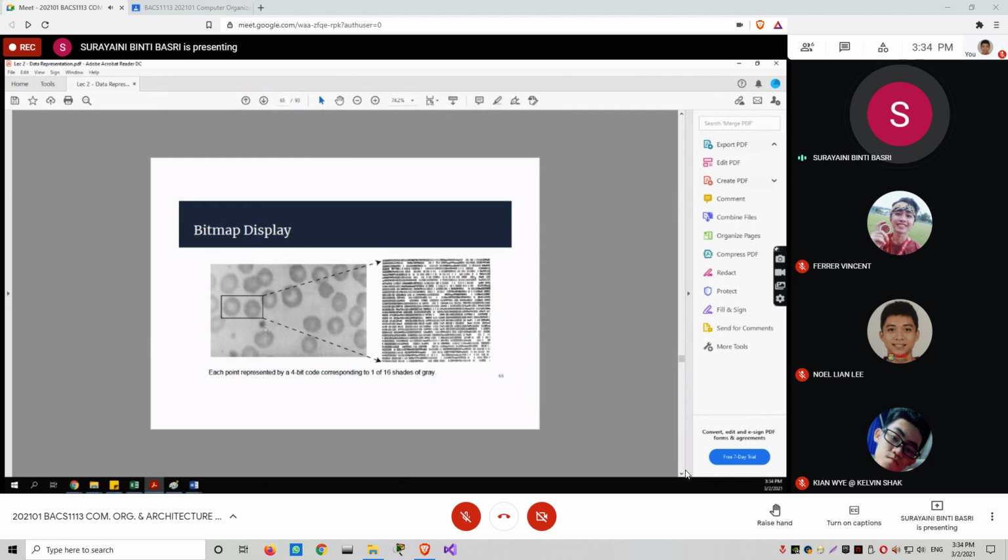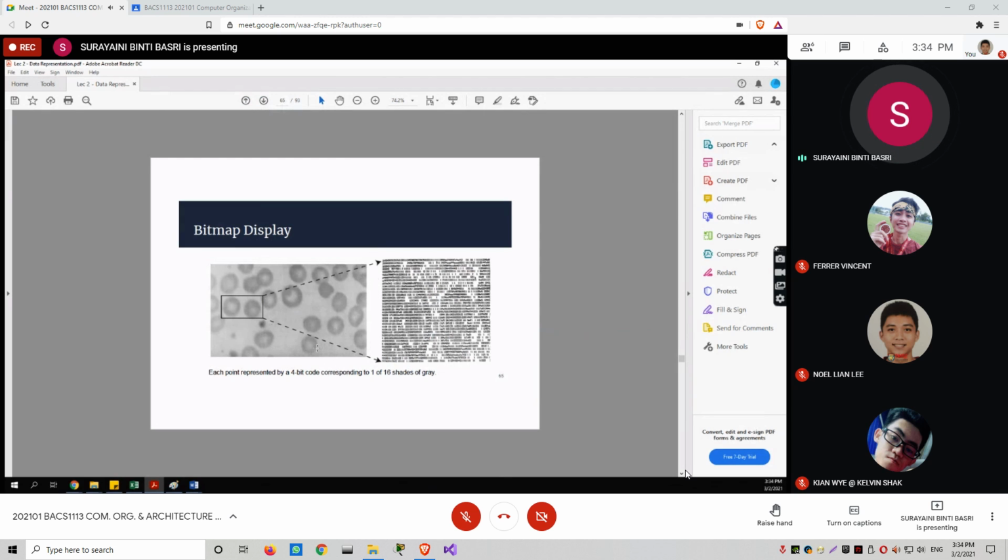Okay, so this is for the bitmap display for the grayscale. Each point is represented by a 4-bit code corresponding to one of 16 shades of gray.